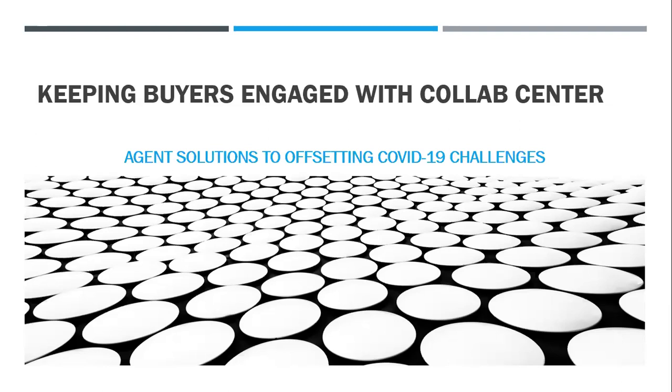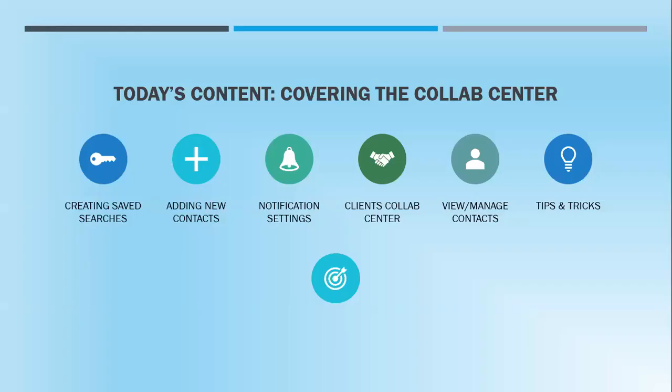So let me go to what we're going to be covering today in the Collab Center. As hopefully you can see on the screen, we are going to talk about creating a saved search for a particular client. Moving on to the second item, how are you going to save that search to a new client?